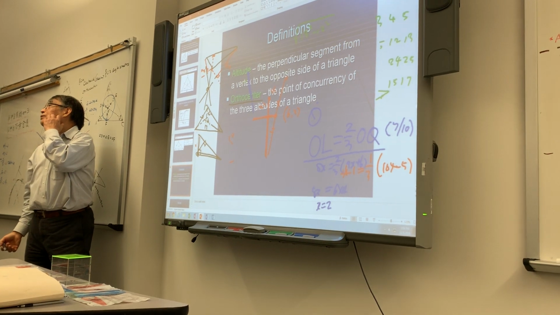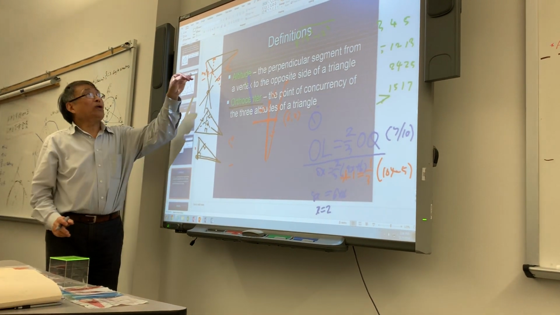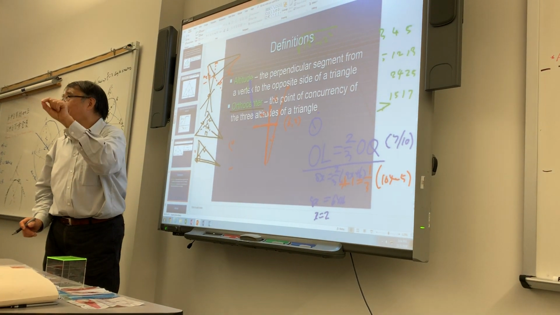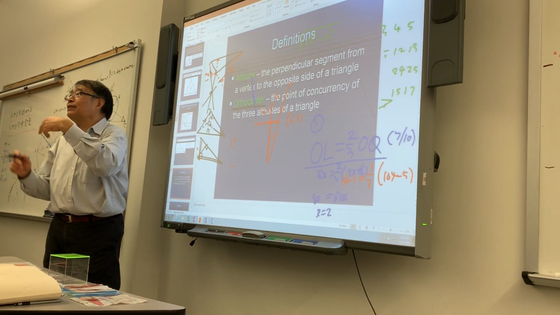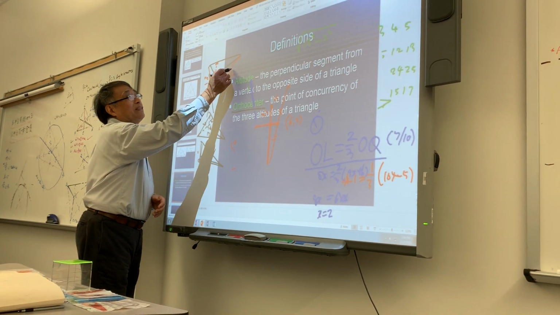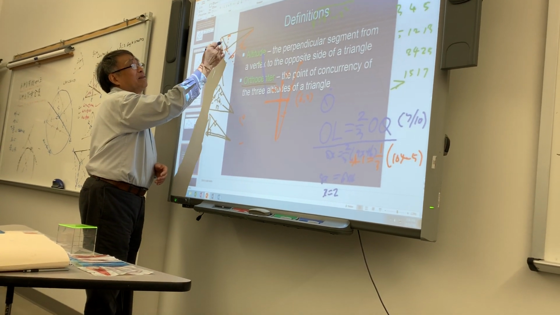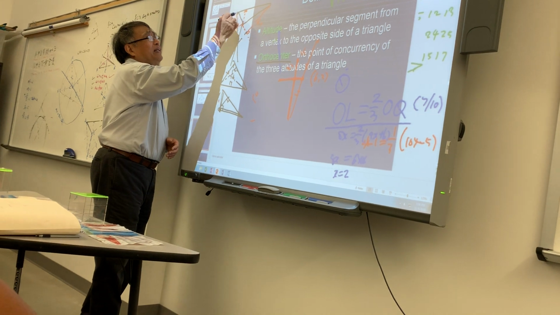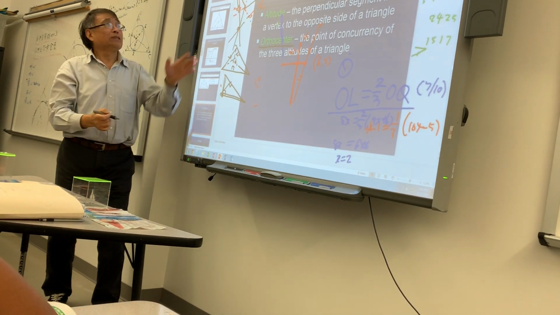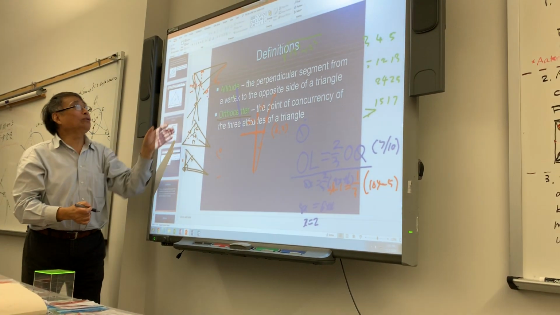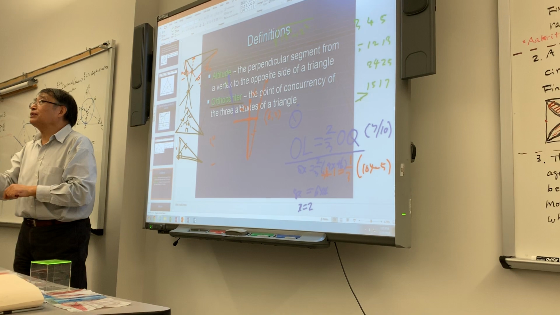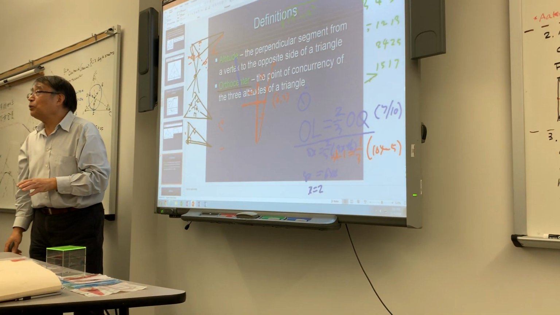Do you understand, please? If the triangle is obtuse, one height is inside, but the other 2 are not inside. So H3, H2, H1, their extensions must be outside of the triangle. Is that clear for everyone, please?